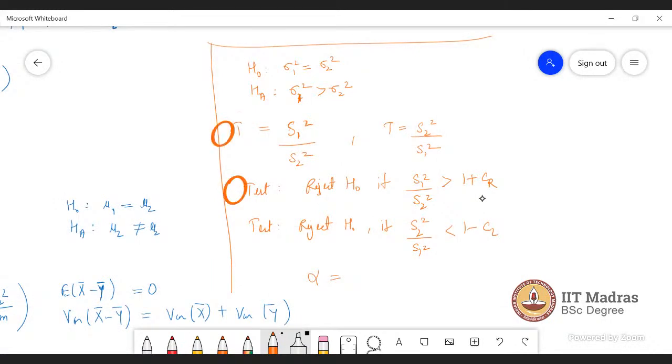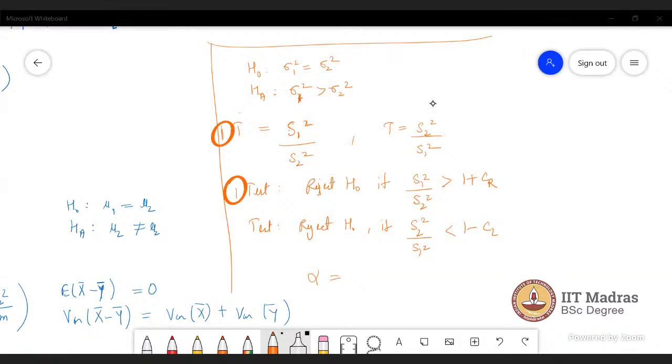Excuse me, sorry to interrupt. In the formula sheet which has been shared, ma'am, for the F test, both are denoted as S1 square by S2 square only. He meant both the left and right.